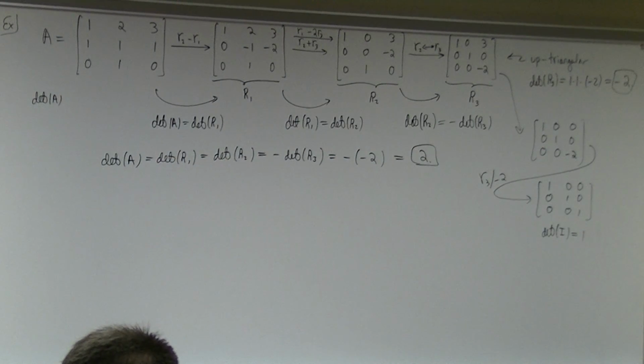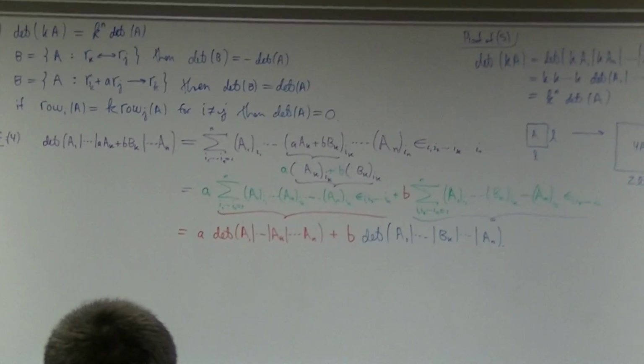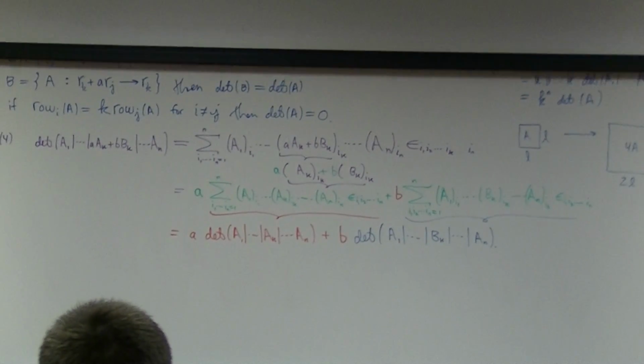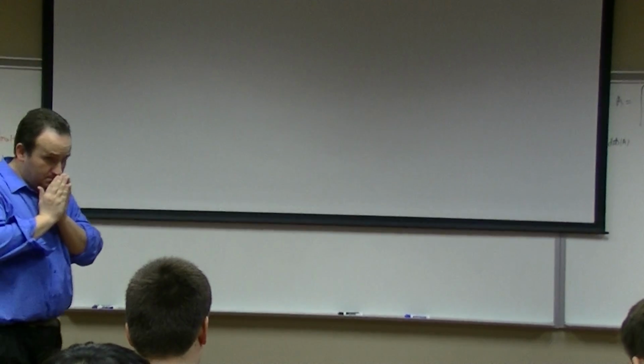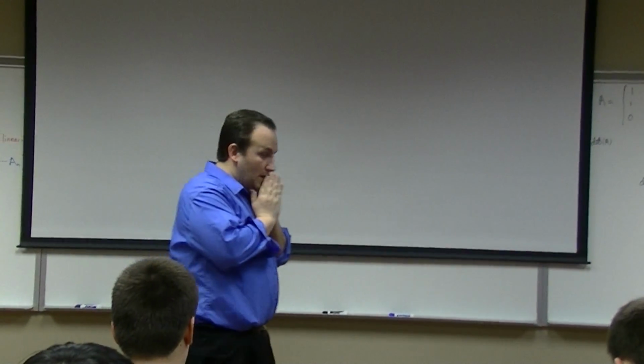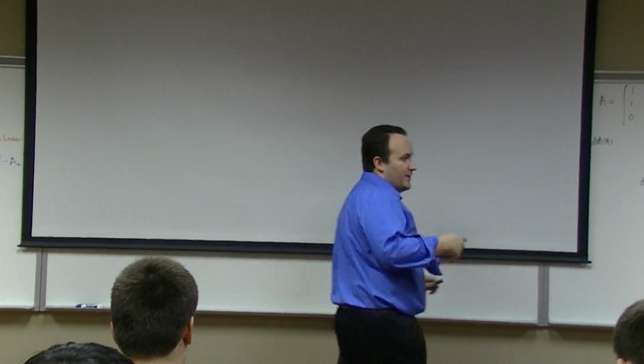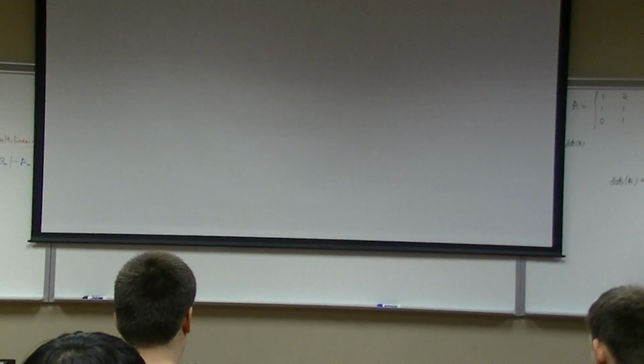I'm going to flip over to the projector here for just a bit because these arguments I want to show you, but I don't want to write down. Basically, you can't just multiply a row by a constant. No, you can multiply a row by a constant, but it has a different effect, right?